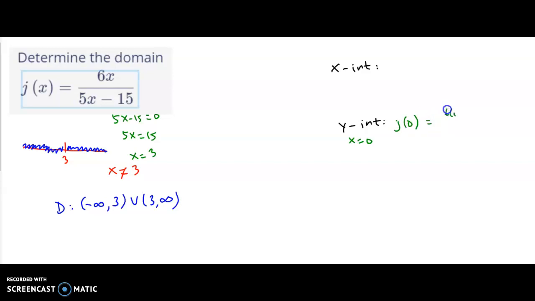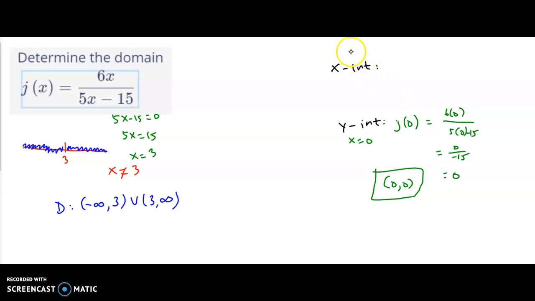So that's going to be 6 times 0 over 5 times 0 minus 15, right? So I get 0 over negative 15, and that equals 0. So that means the y-intercept is at 0, 0. I plugged in 0 for x, and the y ended up being 0.